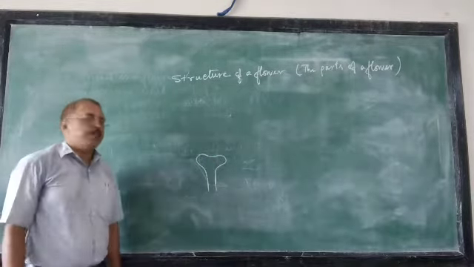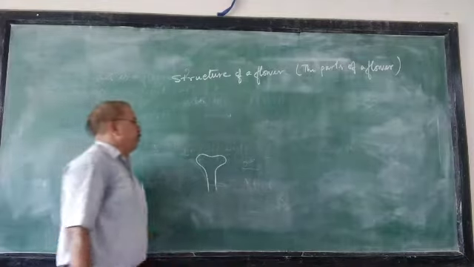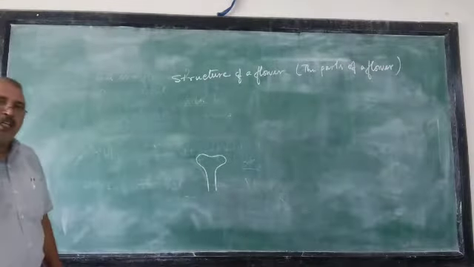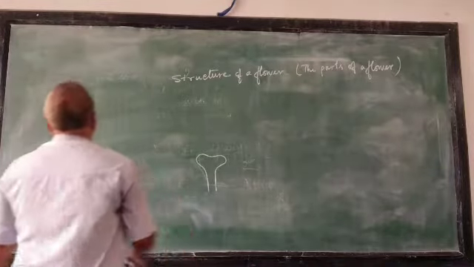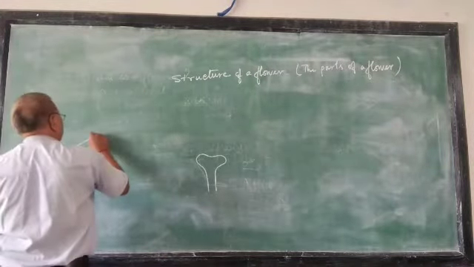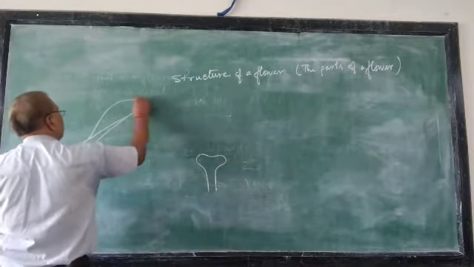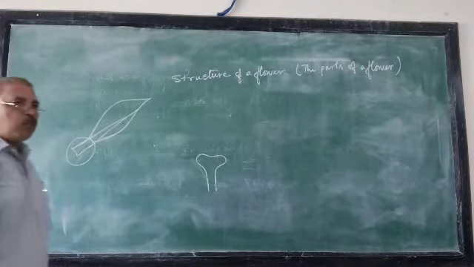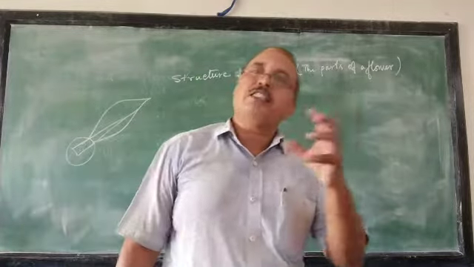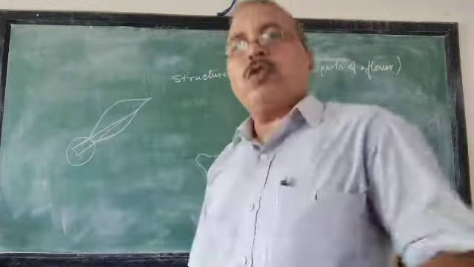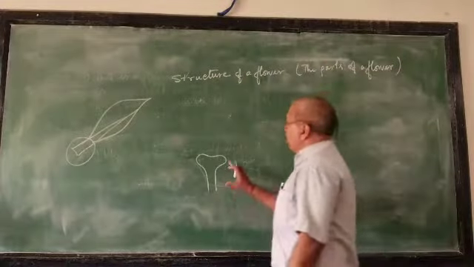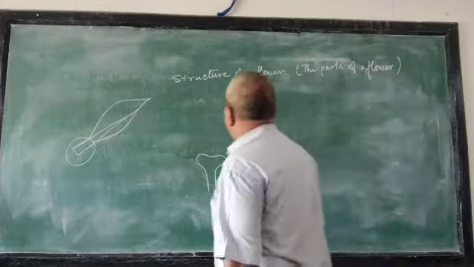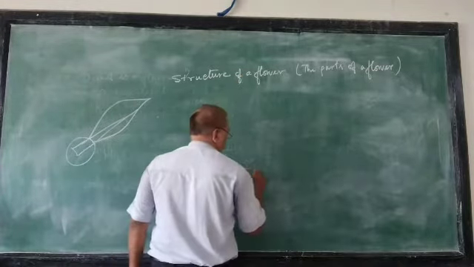This is the base of the flower. As you have read about the leaf base. Do you remember the leaf base? This one is the leaf base, the part of the leaf that attaches it to the branch or stem. Similarly, this is the base of the flower. This is called pedicel or stalk.